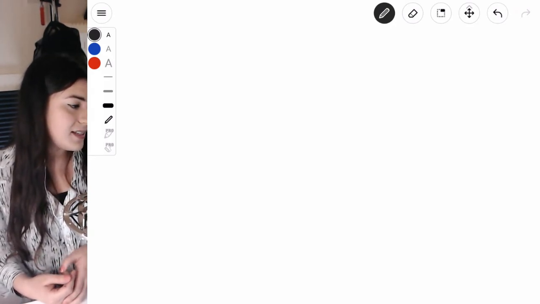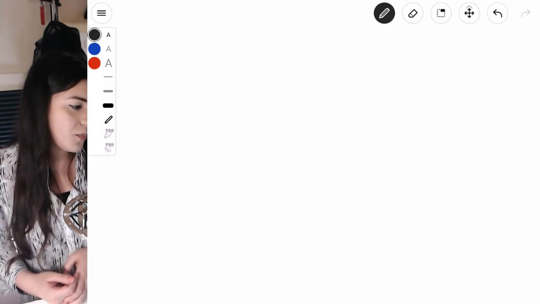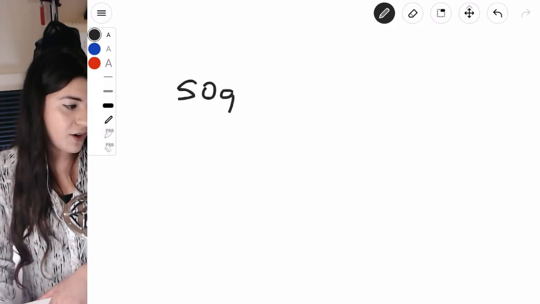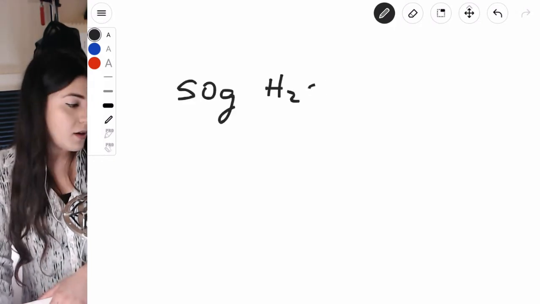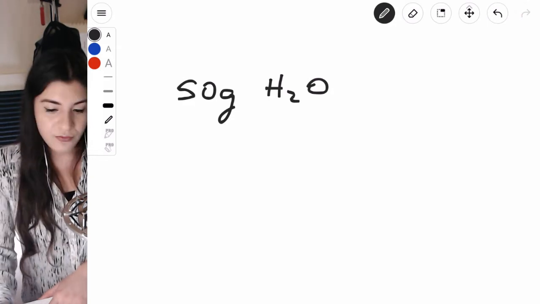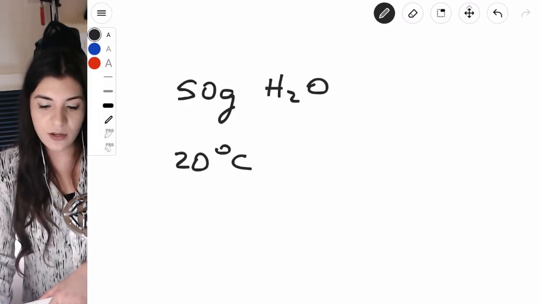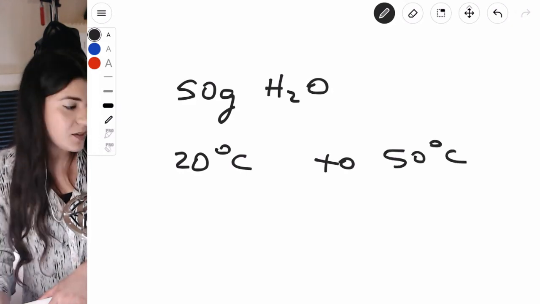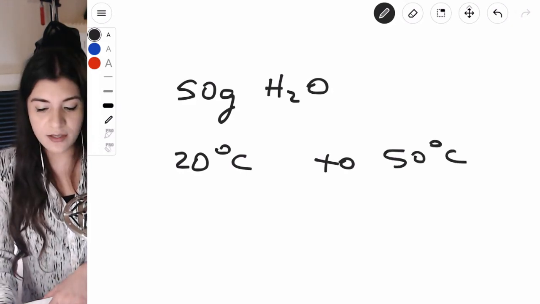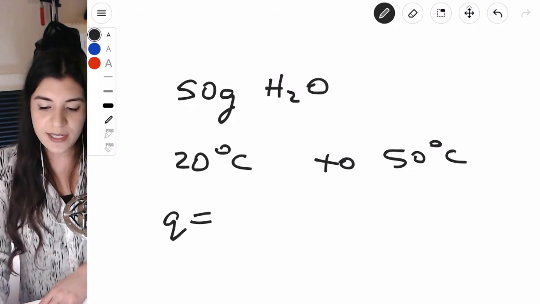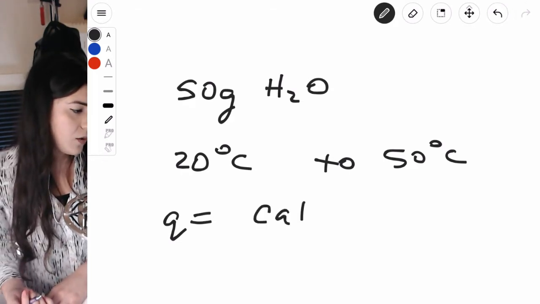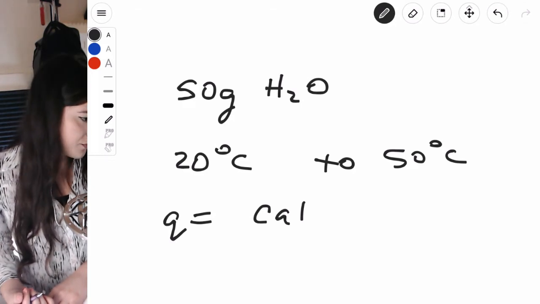DG is saying, could you explain how you work out the problem? 50 grams of H2O was heated from 20 degrees Celsius to 50 degrees Celsius. How many calories were needed to bring about the temperature change?